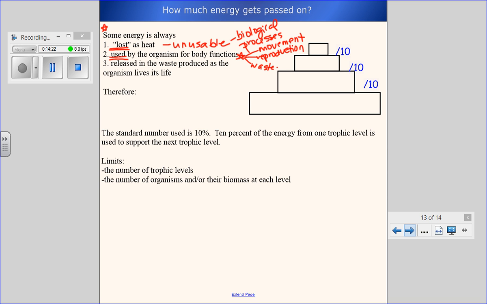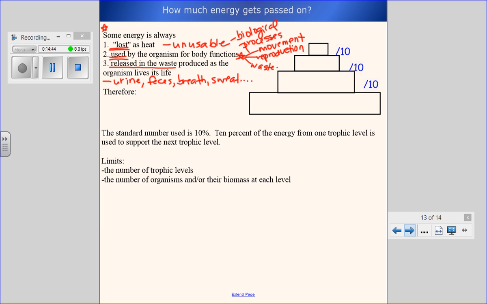Now the third thing that happens to energy is that some is released with waste. You know some examples of waste, for example, urine or feces, your breath, your sweat.